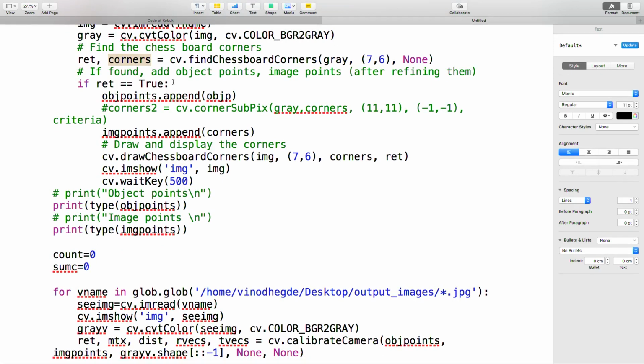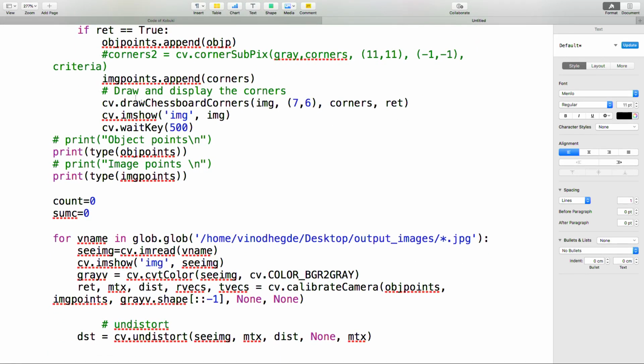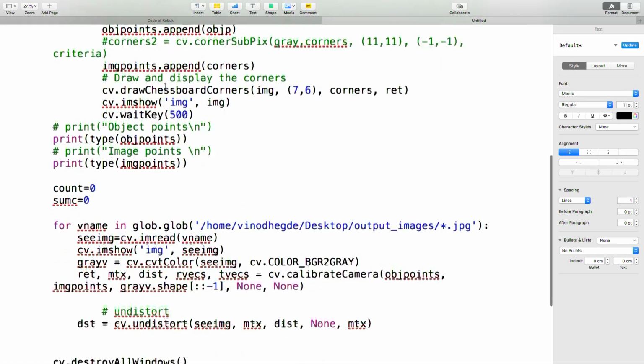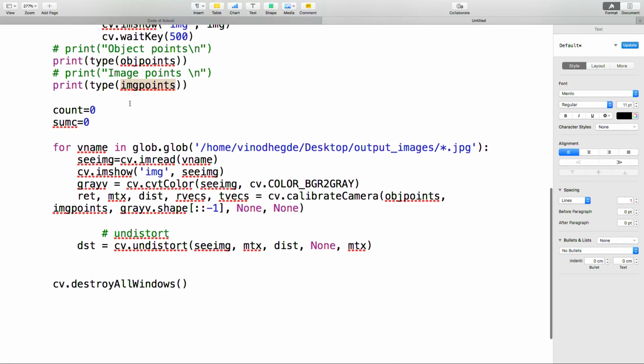Essentially you will end up with both the object points as well as the image points when you run it across all these images. At the end, as you can see, we have done a print of object points and image points.